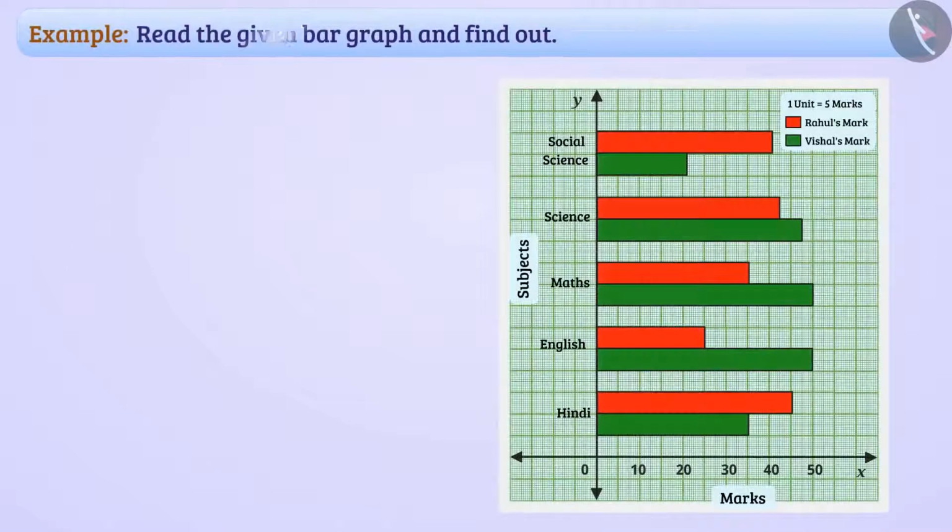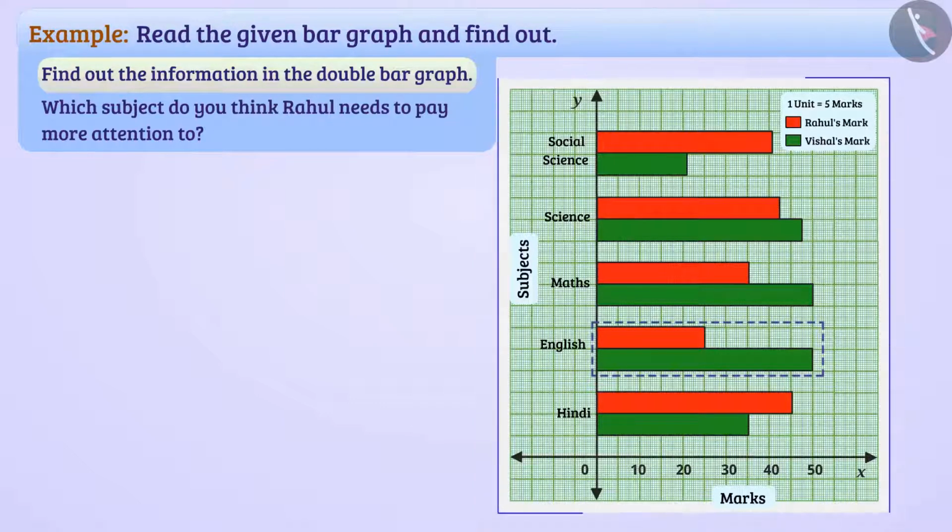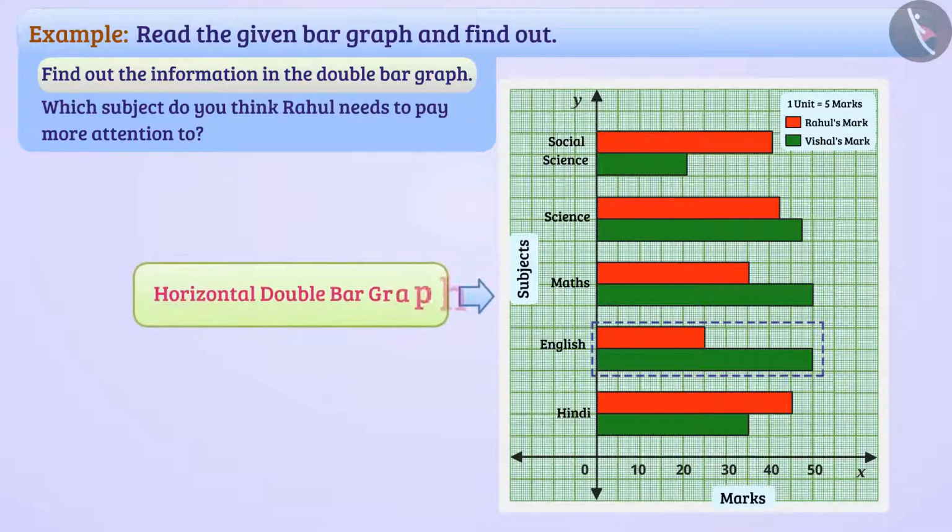Read the given bar graph and find out the information in the double bar graph. To find out what information is shown in this bar graph, one has to look at what is represented on x-axis and y-axis, along with understanding what each bar represents in a pair of bars. The double bar graph shown is the horizontal double bar graph.